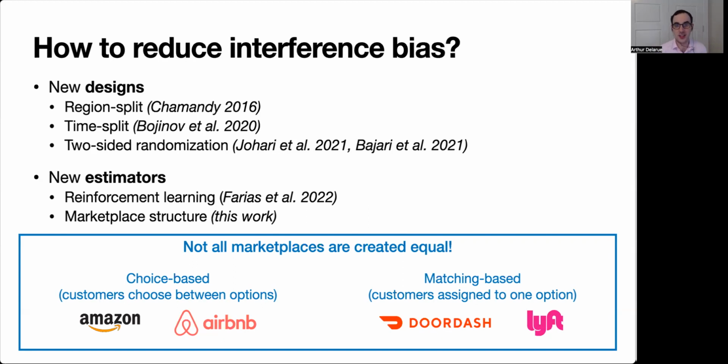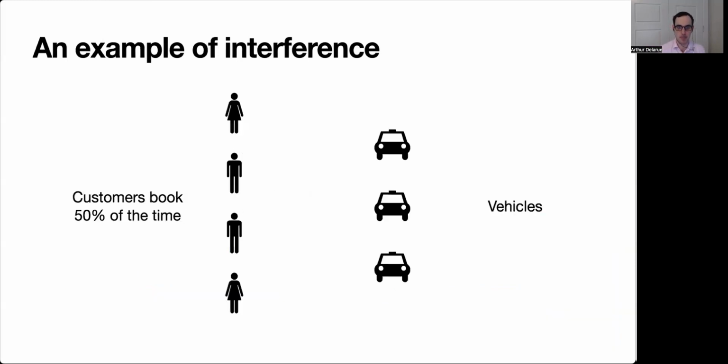And we're going to differentiate this from what we call a matching-based marketplace, where a user will request a service, like a ride, and then be assigned by the platform to a unit of supply selected by the platform with some global system value in mind. We are going to focus primarily on these matching-based marketplaces today.